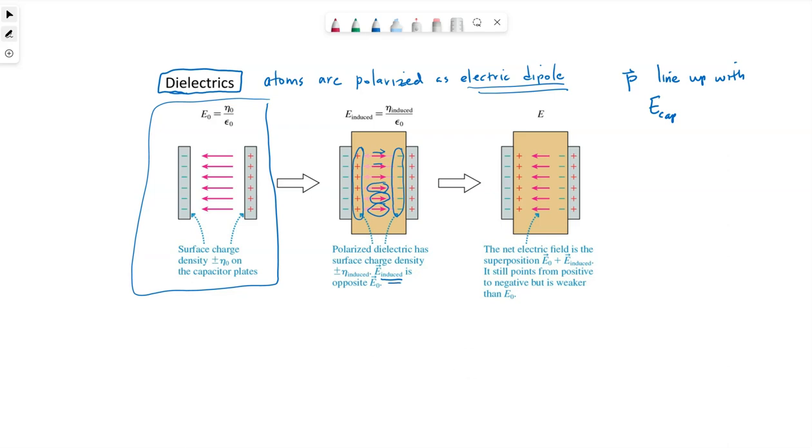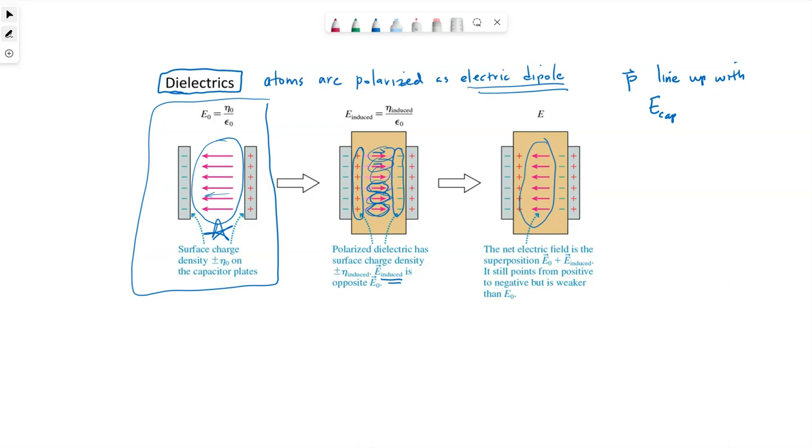Those dipole moments line up with the electric field of just the plates. When they do that, it actually decreases the strength of the overall electric field between the plates now. If you compare the length of these electric field arrows on the left, where we had nothing between the plates, to the length of the arrows in this right-hand picture, they're representing the addition of the original electric field plus these new little electric fields because of the induced dipoles.